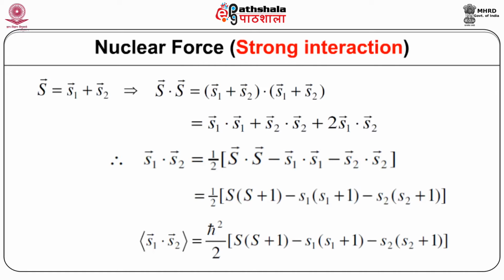Here some calculations have been shown: S is equal to S1 plus S2, which implies S dot S is equal to (S1 plus S2) dot (S1 plus S2), which over simplification yields the expectation value of S1 dot S2 equal to H bar square, capital S(S plus 1) minus small s1(s1 plus 1) minus small s2(s2 plus 1).